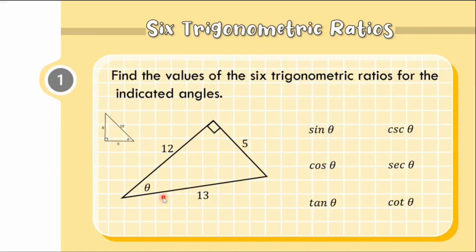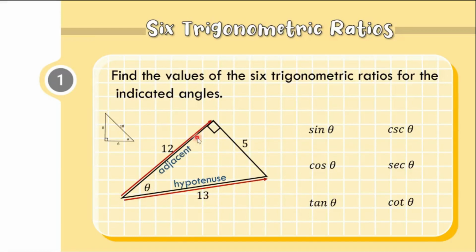So first, let us identify where is the hypotenuse, opposite side, and adjacent side with respect to angle theta here. For this figure, the hypotenuse is this side, since it is the longest side and opposite to our right angle, while the adjacent side is the side which is also a side of our angle theta here.